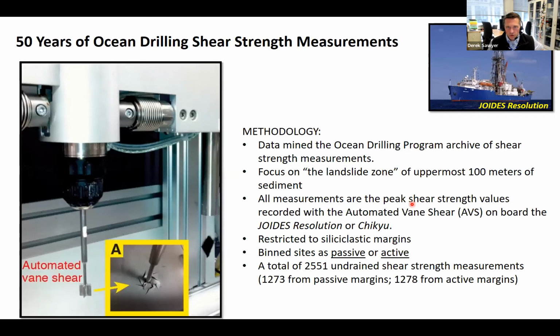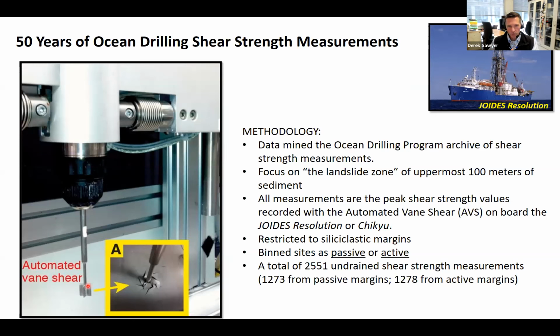So the idea is pretty straightforward. We're just data mining the available data from the archives. And what we're looking at are measurements of shear strength taken by the same exact tool, the automated vane shear device, which is basically a 4-bladed paddle that inserts into the open core face.